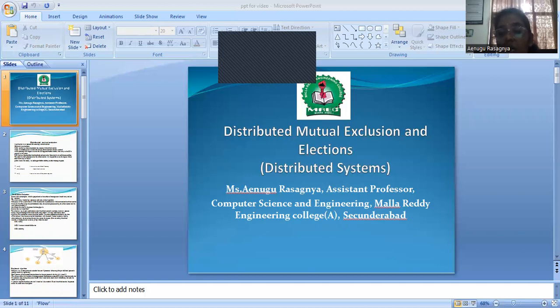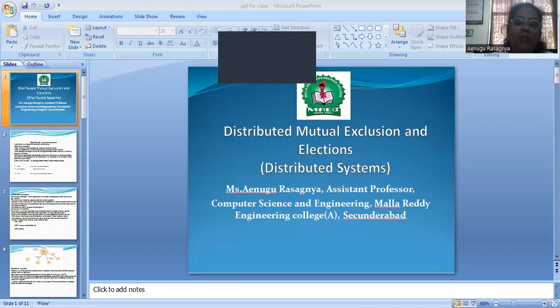How do we identify which process sent the request first? Based on the clock timestamp. The process that sent the request first will be given permission to enter the critical section. This is all about multicast and logical clocks.